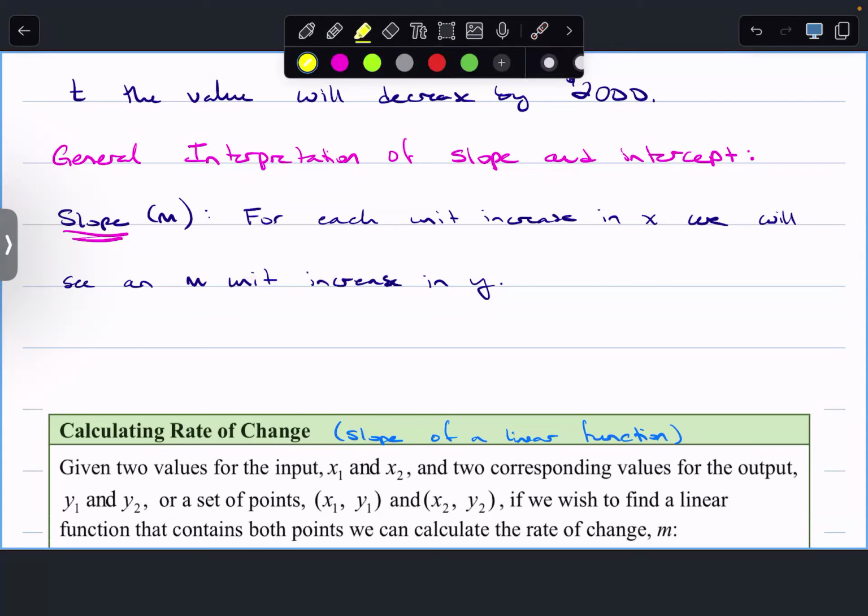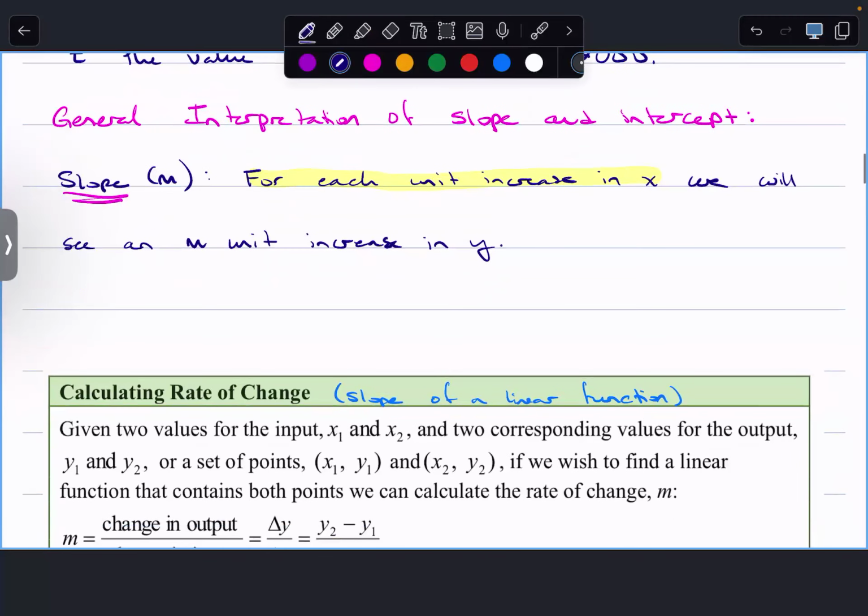The key here is for each unit increase in x, so for each additional year in the previous example, the value is going to decrease. Uh-oh, I need to do the intercept.